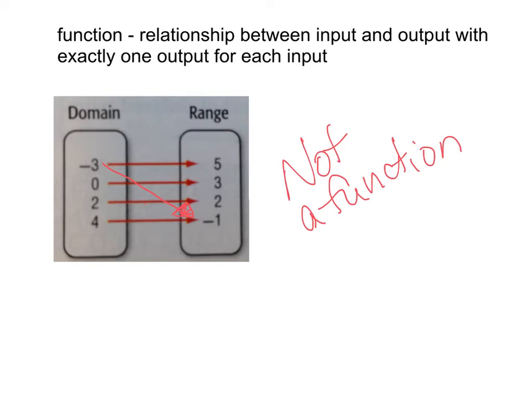So the members of the domain, -3, 0, 2, and 4, can only shoot one arrow. When one member of the domain shoots 2 arrows in the archery contest, they are disqualified from the function contest, and they are not a function.